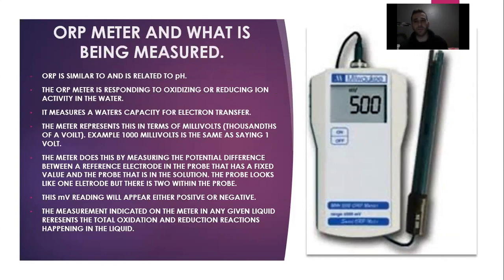Another simple way to explain it to people when you're doing your demonstrations is simply saying the more positive a number reads, the more oxidizing the liquid is, the better it is at oxidizing your body.